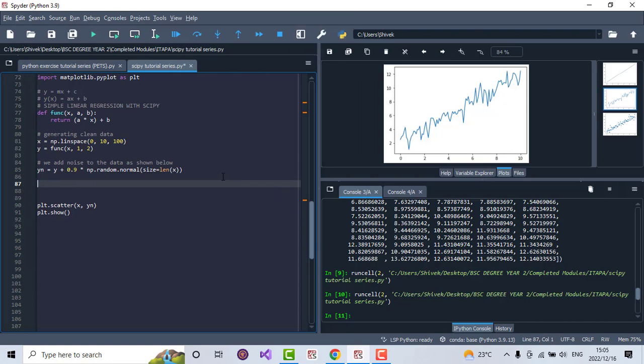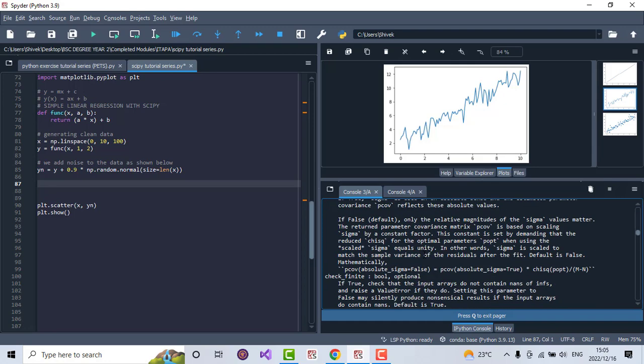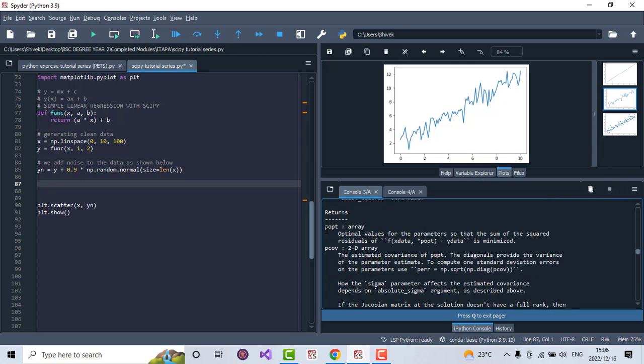Now, one thing I should mention is that the curve fit function returns two important outputs. It will output for us POPT and PCOV. For now, don't stress about PCOV. That is basically the covariance of the POPT array.